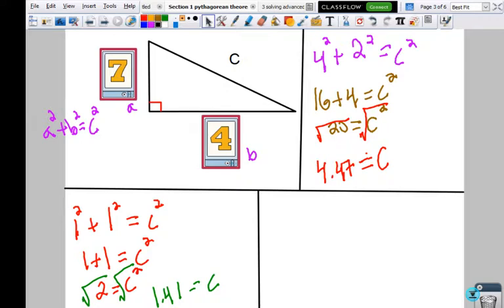When were you born? 88. You're not that old. You're not that young. Mason was born in 75?